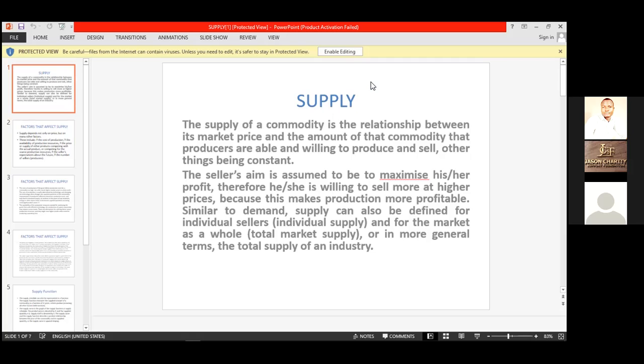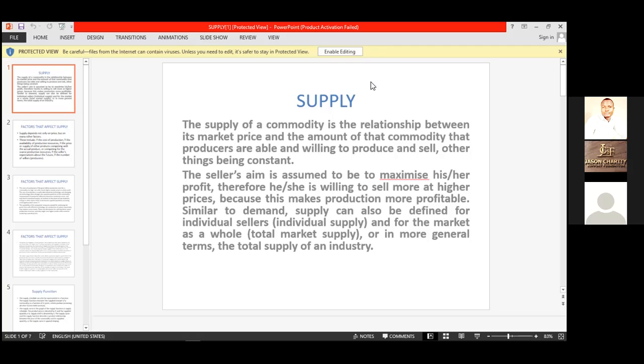But if you are talking about the market supply, it's the totality of quantity that the market, that means Mr. A, B, C, D, can supply to the market at a certain price level.